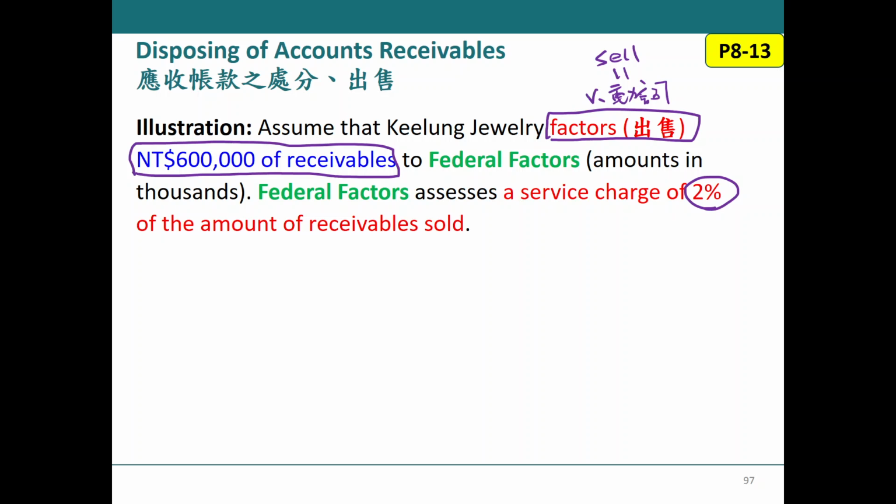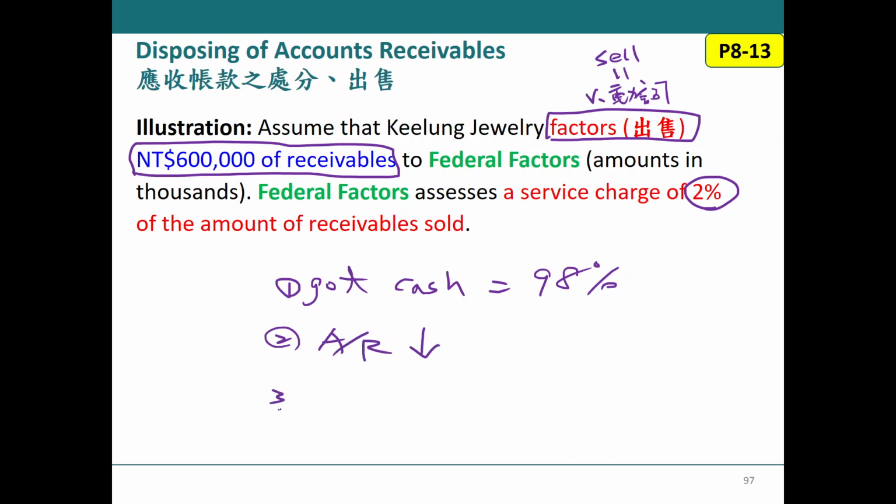Okay, so based on this, you can get the cash. So the cash you got is what? How much? 98%, right? At the same time, do you have receivables? No more, right? So your receivable should be decreased 100%, of course. So the difference between these two is what?